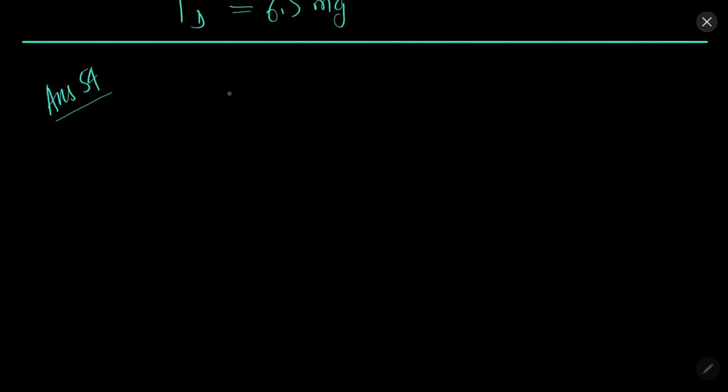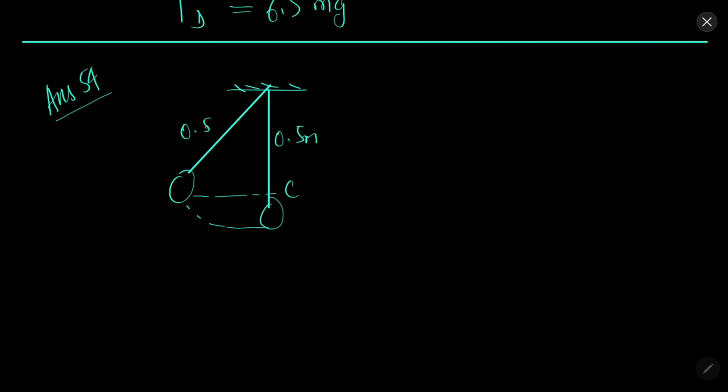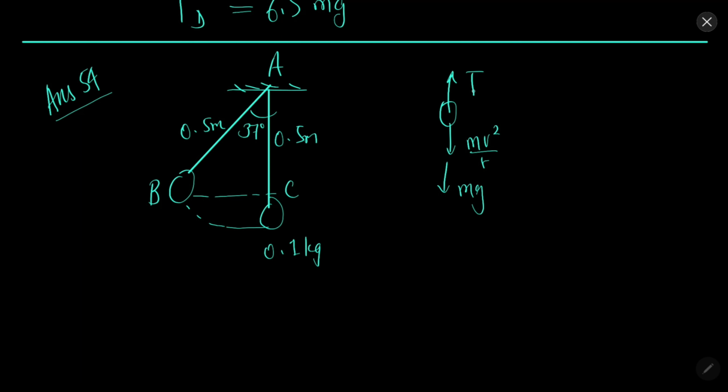So the scenario that we have is something like this: 0.5 meter, 0.5 meter, 37 degrees, 0.1 kg. mv square over R, mg, tension T.